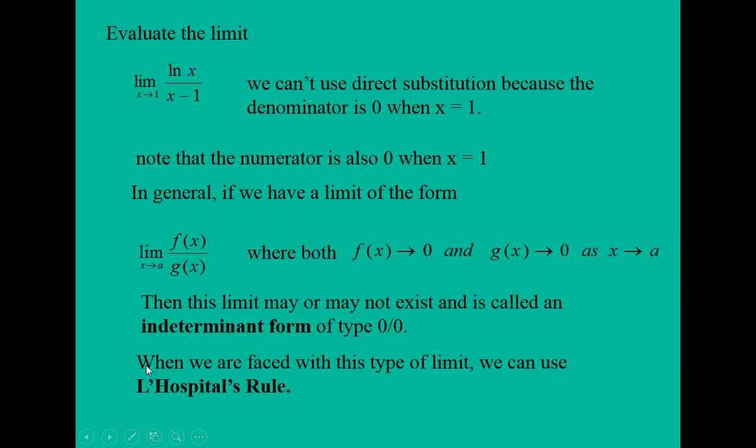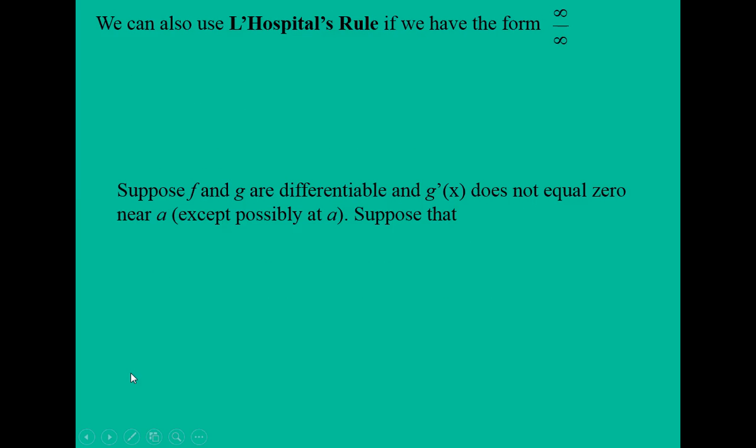We can also apply L'Hopital's rule if we get infinity divided by infinity when we use direct substitution. For instance, if we took the limit of e to the x divided by 5x squared as x goes to infinity, e to the x goes off to infinity as x gets larger and larger, and likewise the denominator 5x squared goes off to infinity.